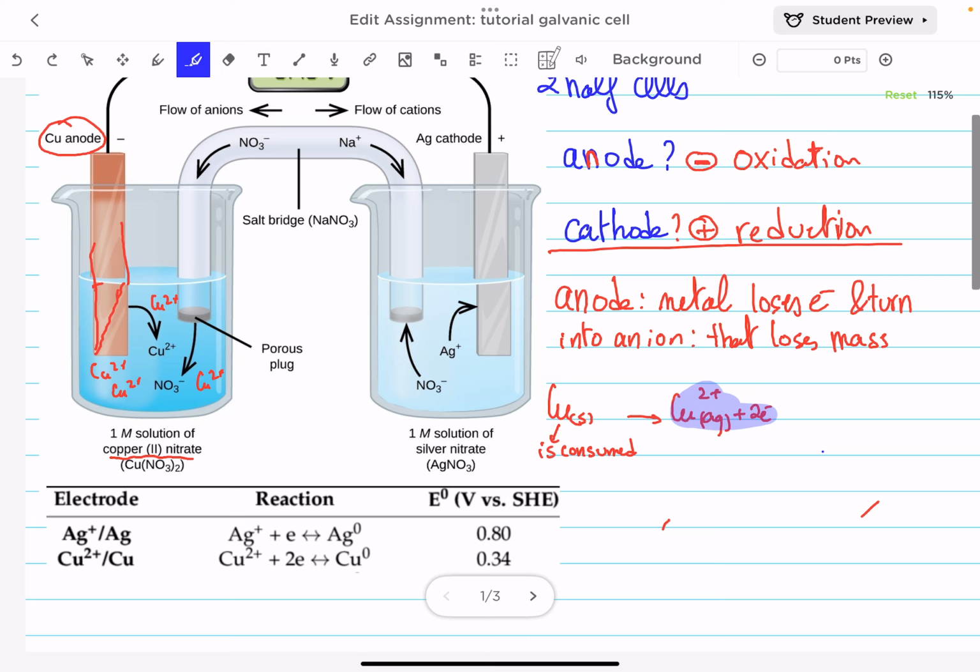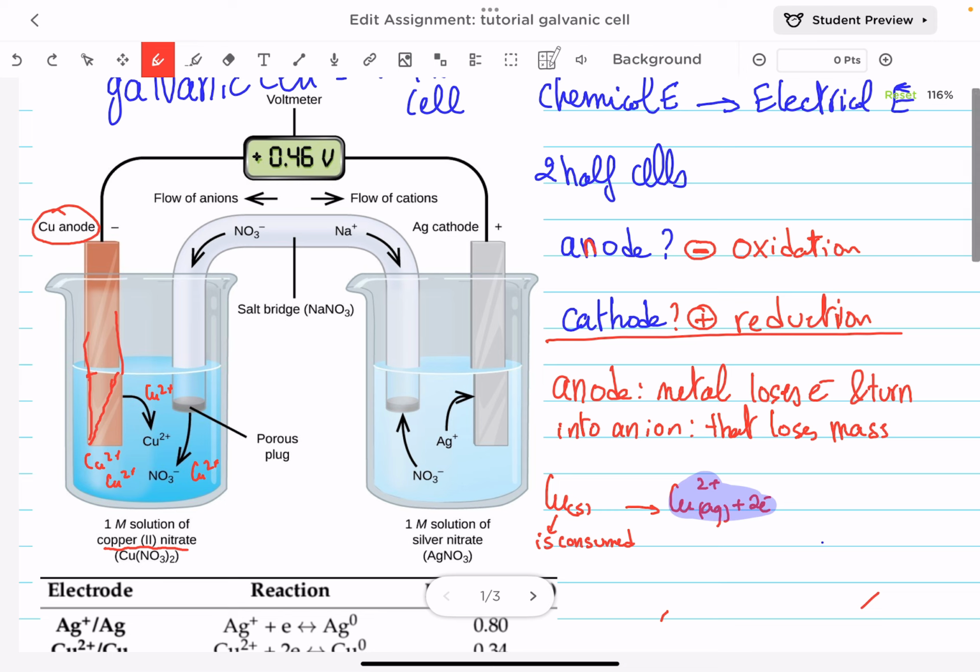Now I'm going to come back to this part in a few minutes. Meanwhile, when the electrons of the copper metal were lost, they travel through the electric wire to reach the cathode.